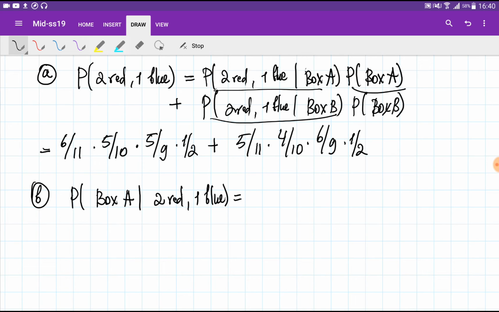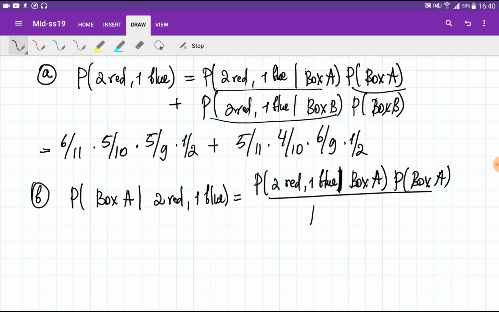Using Bayes' rule, we can write this as the probability of choosing the 2 red and 1 blue balls from box A, multiplied by the probability of choosing box A, divided by the probability of choosing 2 red and 1 blue balls.